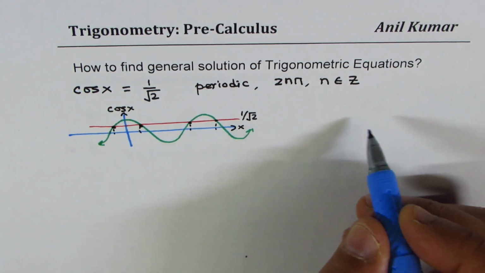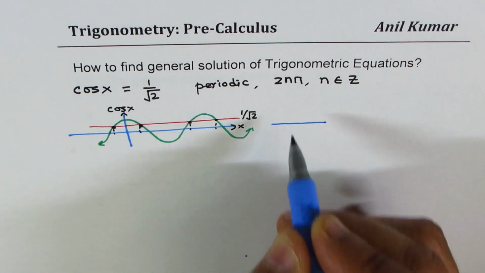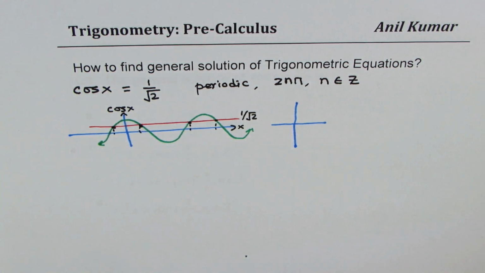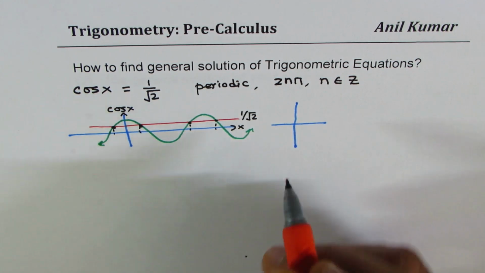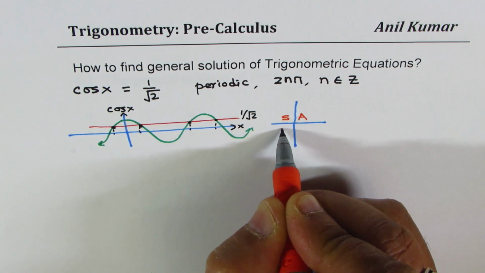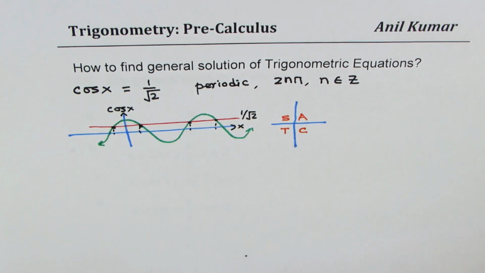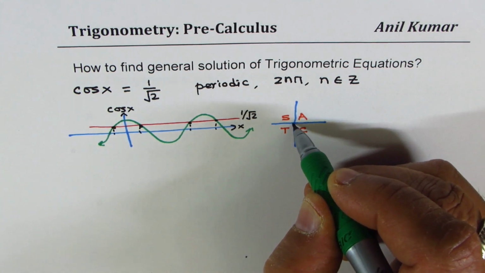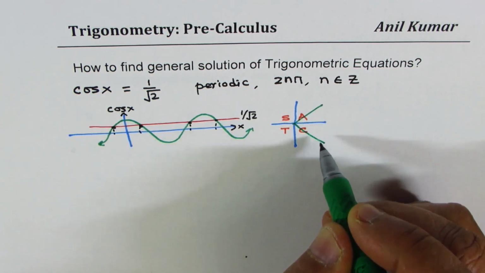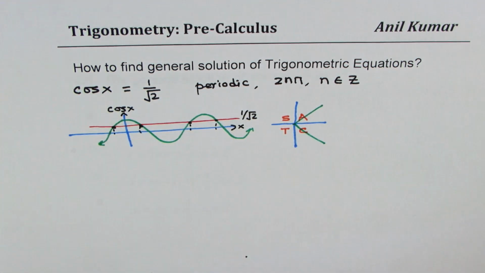Well, one way is that we can think about the coordinate plane, and we know we are looking for positive 1 over square root 2, and knowing that all are positive in quadrant 1, sine in 2, tan in 3, and cosine in 4, we'll get solutions in quadrant 1 and in quadrant 4 for cos being positive. Does that make sense?